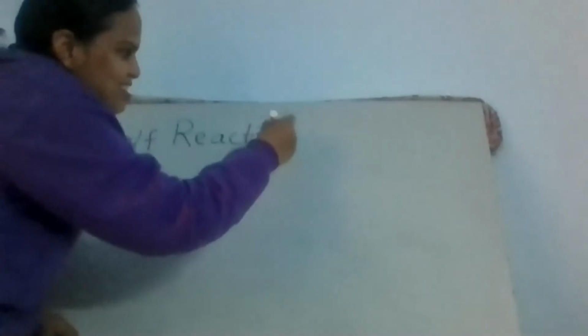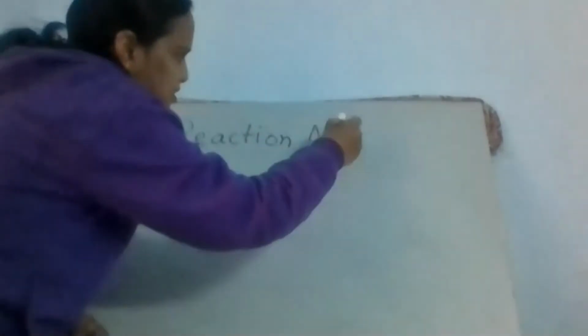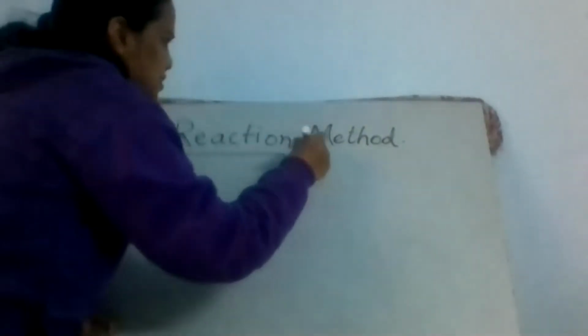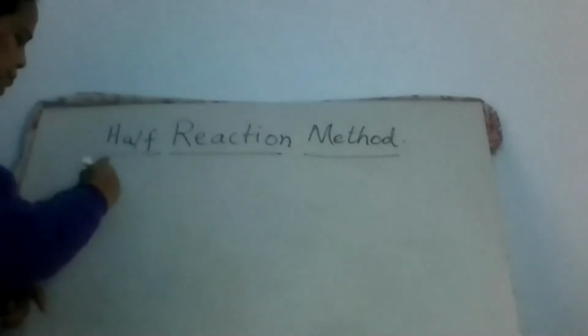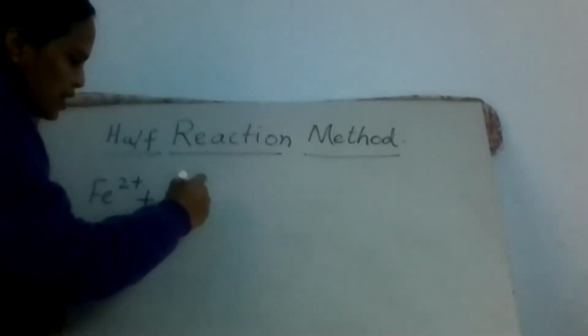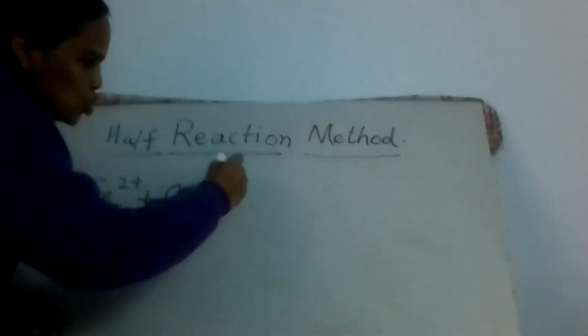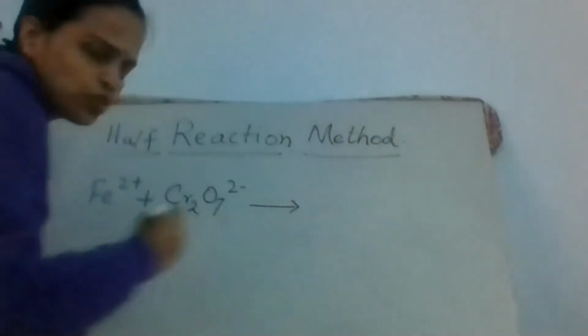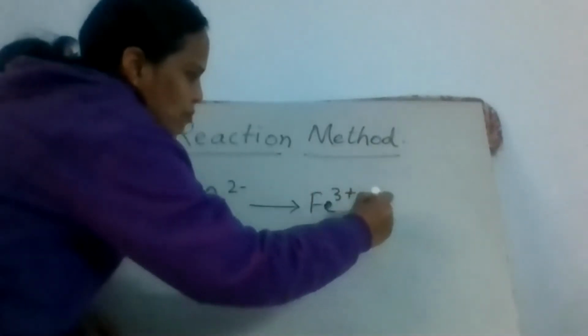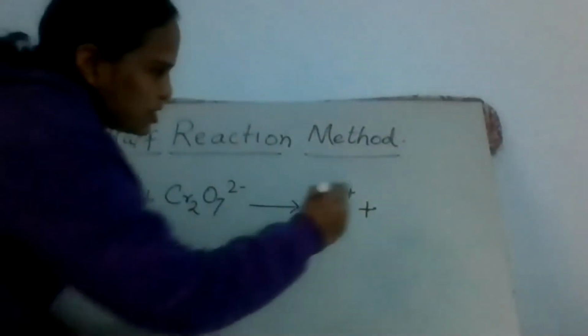Half reaction method. We'll be balancing Fe in +2 state reacts with dichromate ion Cr2O7 2 minus to give Fe in +3 state plus Cr in +3 state.